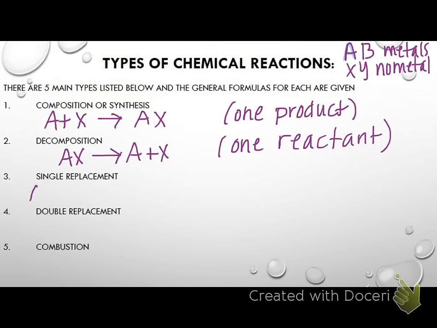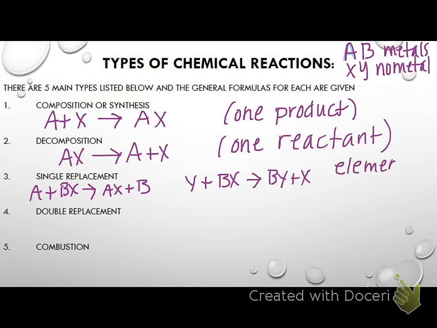So if I had A plus BX, A would replace B, so then I would get AX plus B. Or I could have a nonmetal replacing the other nonmetal, so then I would get BY plus X. The way you can recognize a single replacement is it's always going to be an element, a single element by itself, plus a compound, on both sides of the equation.